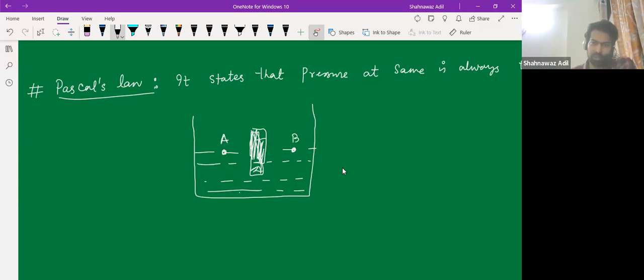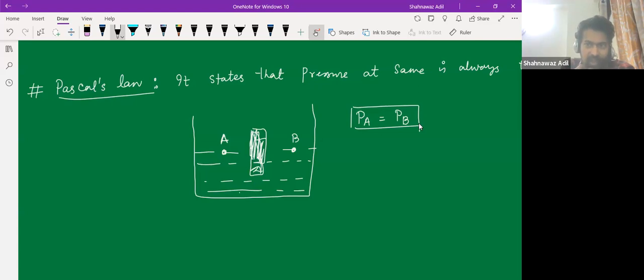So pressure at point A would be equal to pressure at point B. This is a very important relation. This Pascal's law has various uses, for example in hydraulic machines and all those things, so it is very important. Have you guys seen some hydraulic machines?